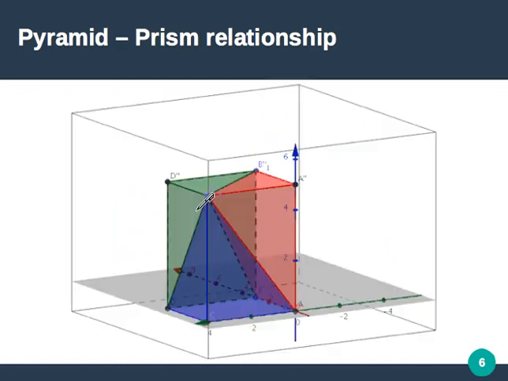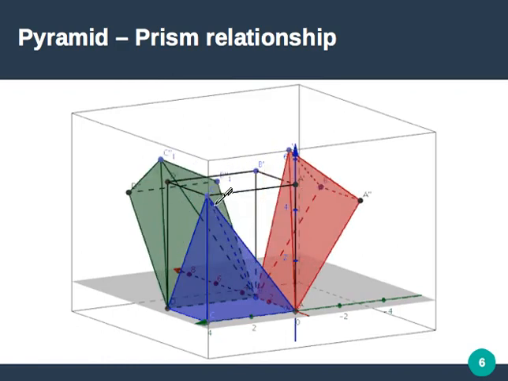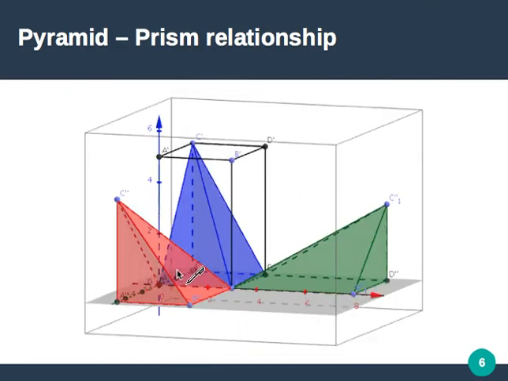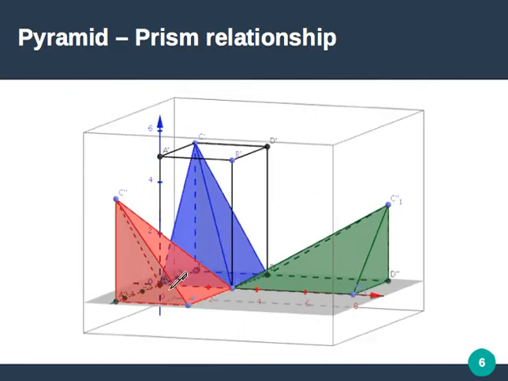Let's look at this. We got one triangle here, and there's another triangle over there. Well, actually, that is going to be a pyramid. So we get 2 pyramids right there. Well, actually 3 pyramids.